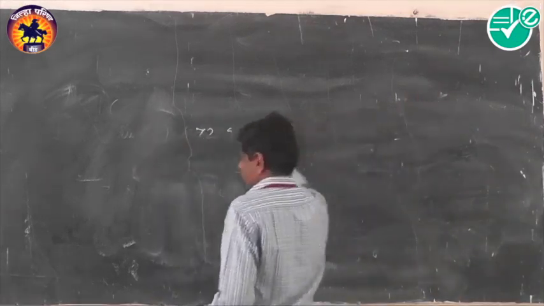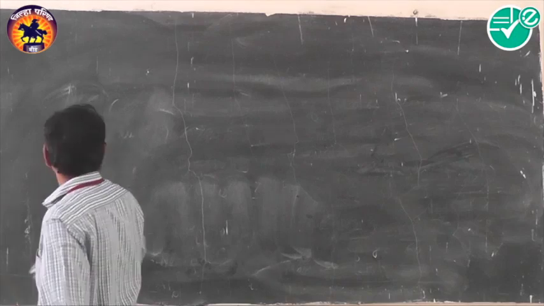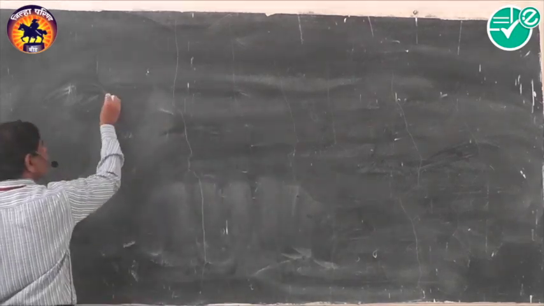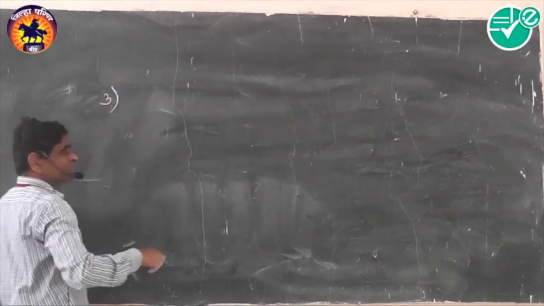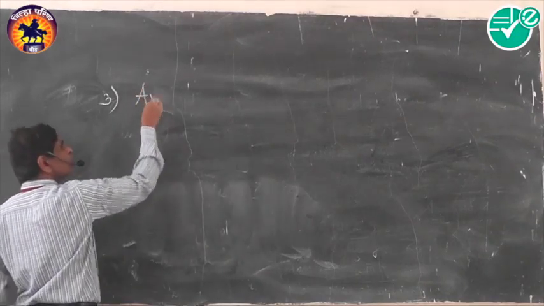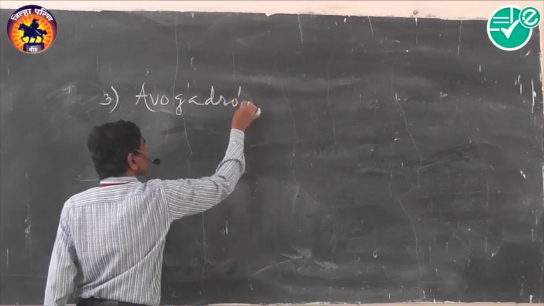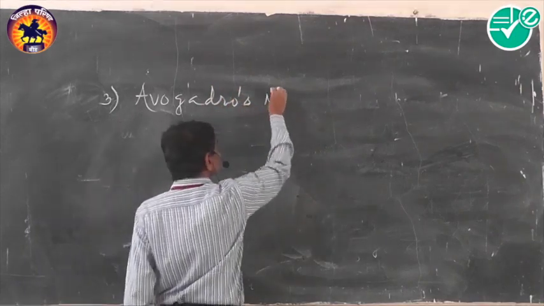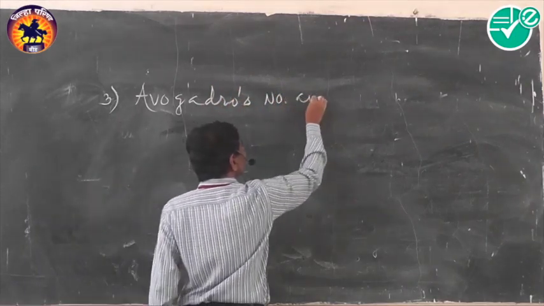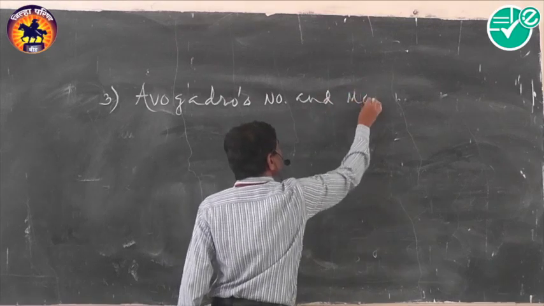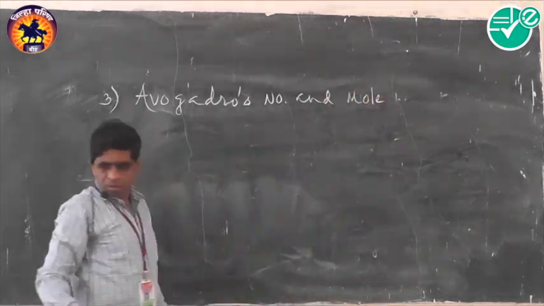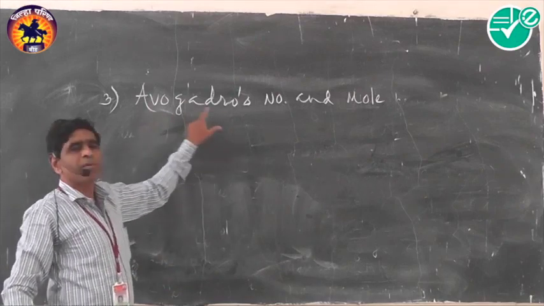Now there is a third relationship, a third concept of mole, that is Avogadro's number and mole. So the concept of mole in terms of Avogadro's number.